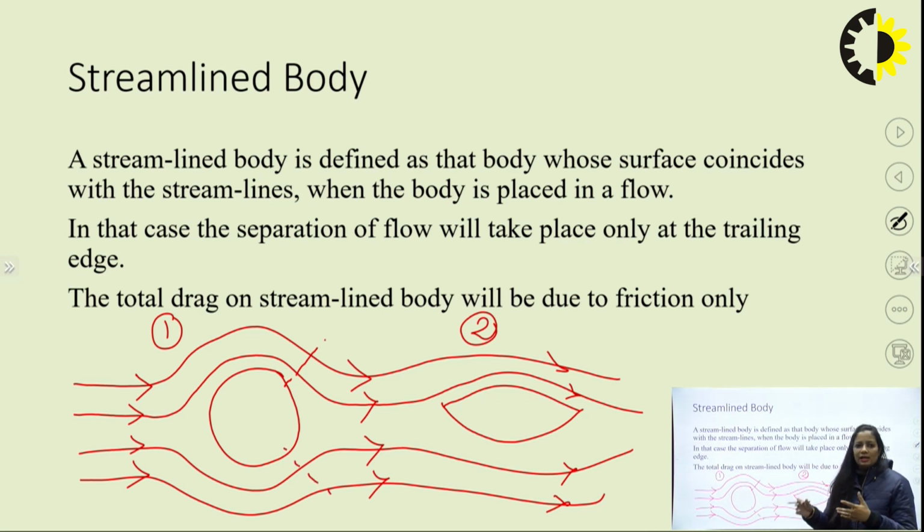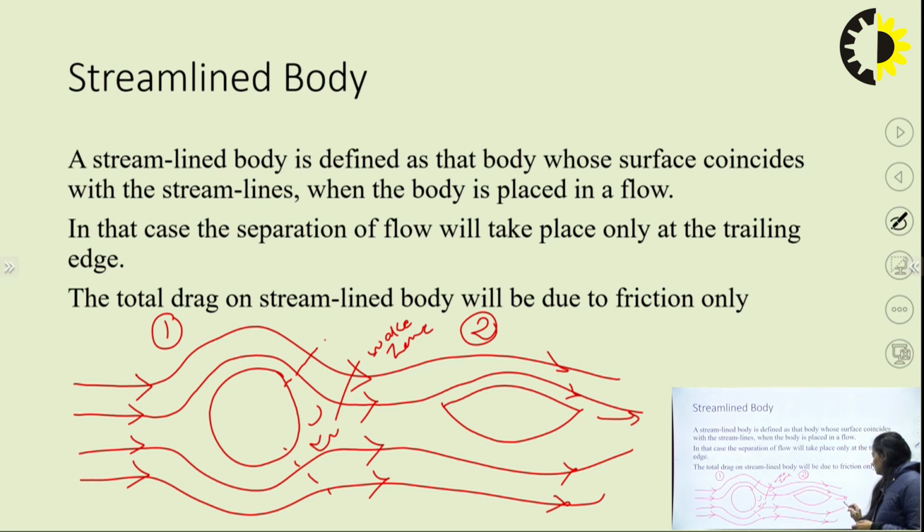After the separation of streamlines from the body, wake zones are created. We have already discussed what a wake zone is in the previous lecture. Now go to the second object. Here you can see the wake formation zone is very much at the trailing end of the body.